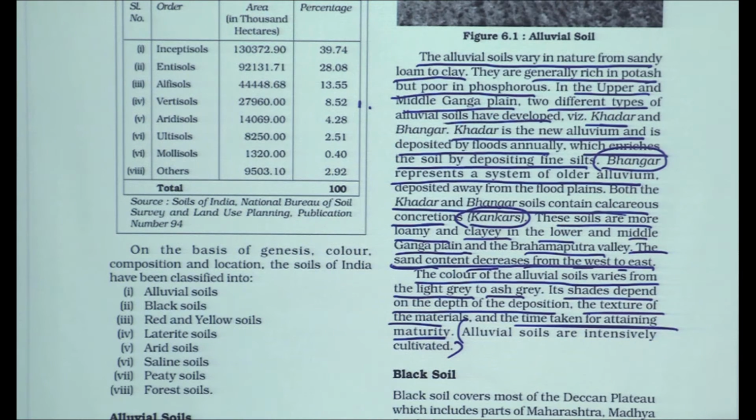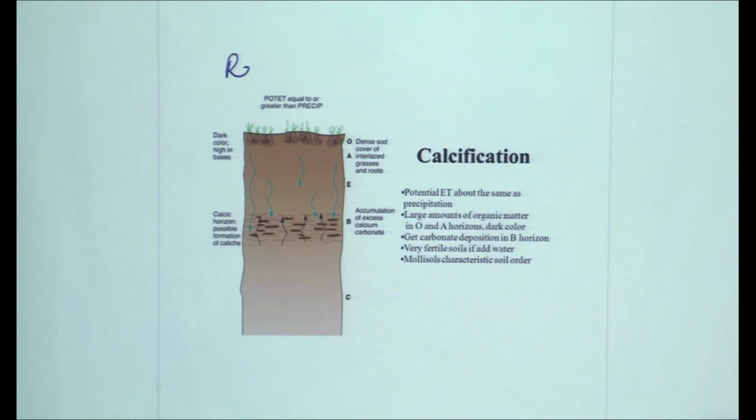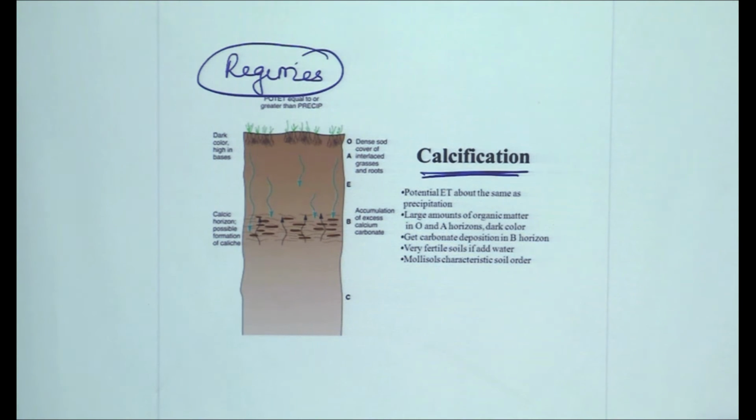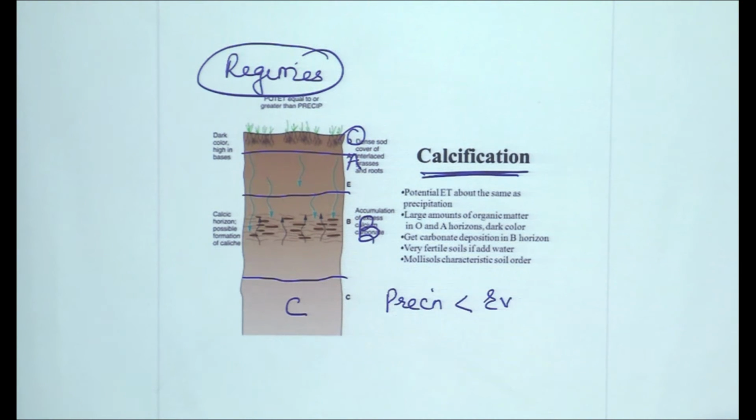I want you to understand this calcareous kankar. One of the soil forming regimes is called calcification. So, if I take support of this diagram, this is my genetic horizon C, this is my genetic horizon B, and I have got A as well as O genetic horizon. Calcification occurs in areas where precipitation is less than evaporation.